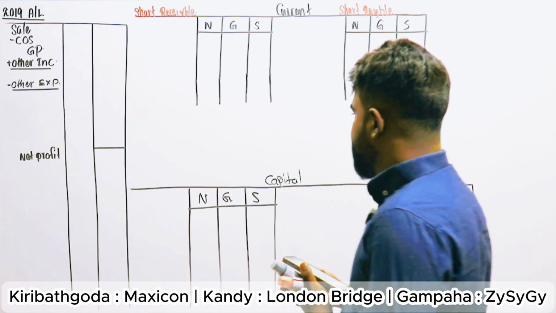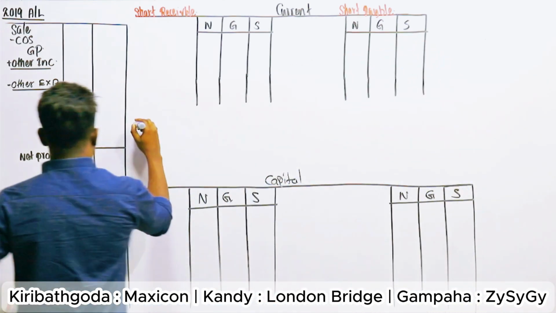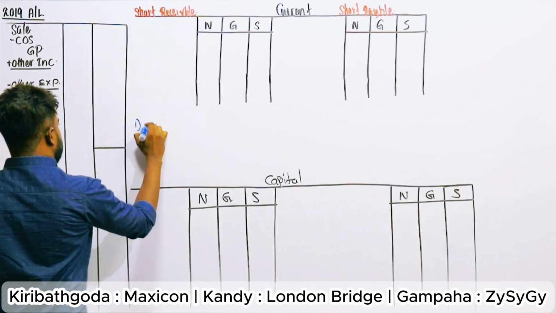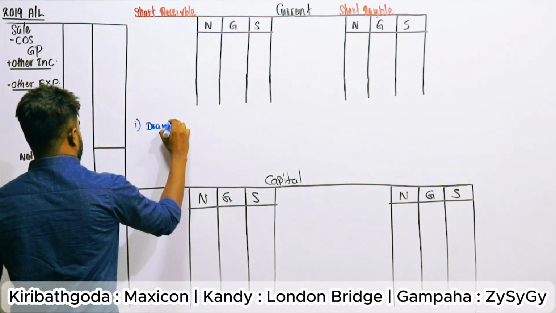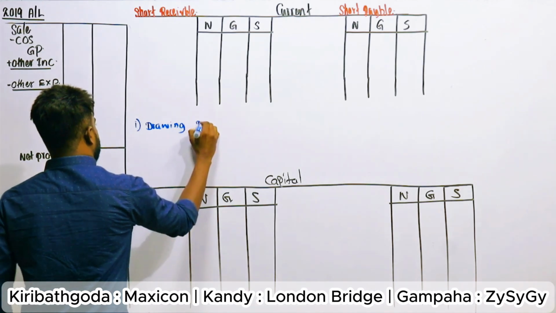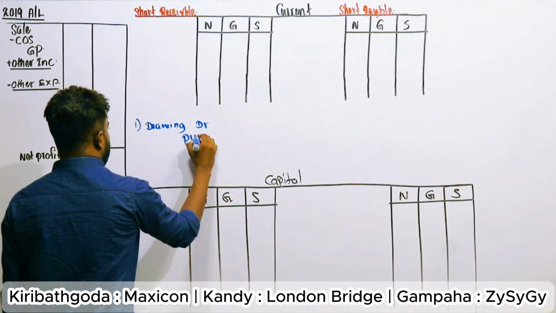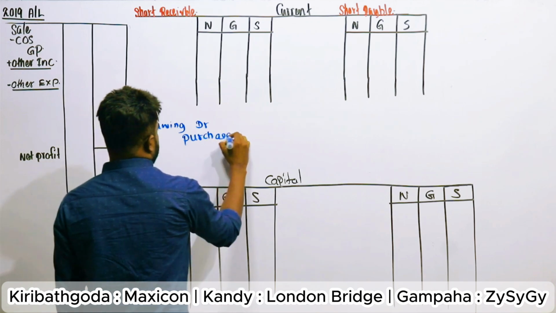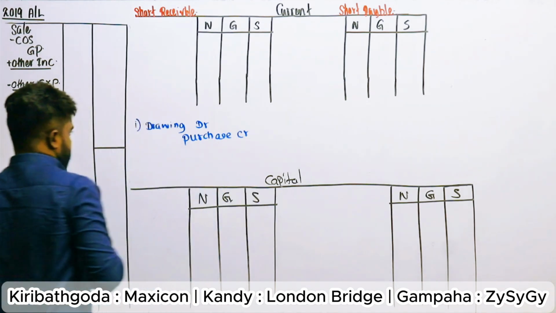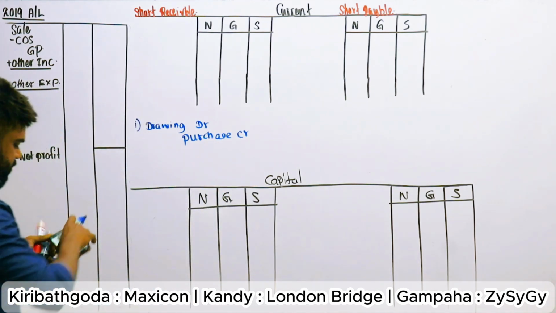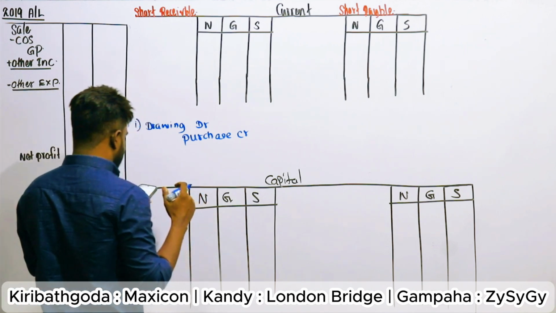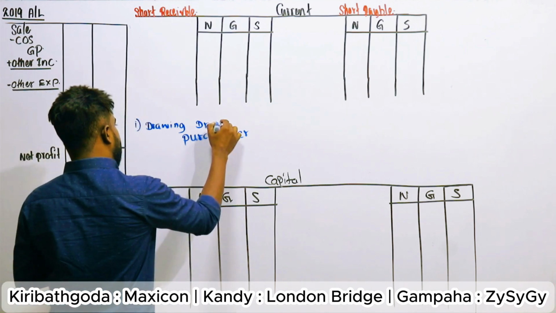Stock drawings. What's the double entry for stock drawings? Drawings debit. Purchases credit. Therefore, 80.